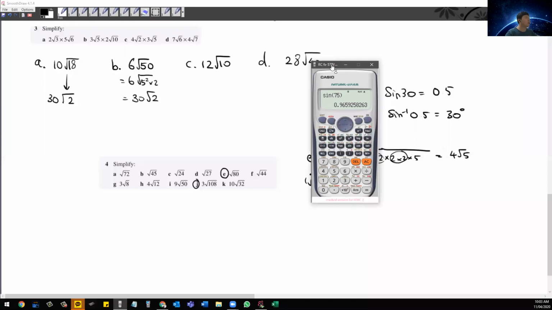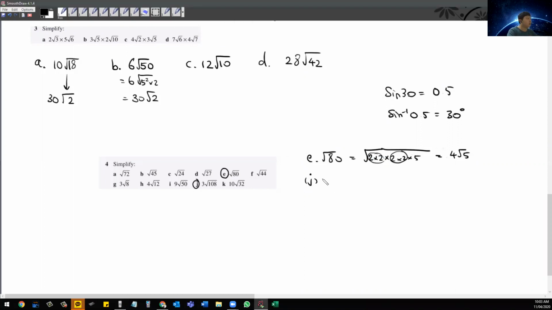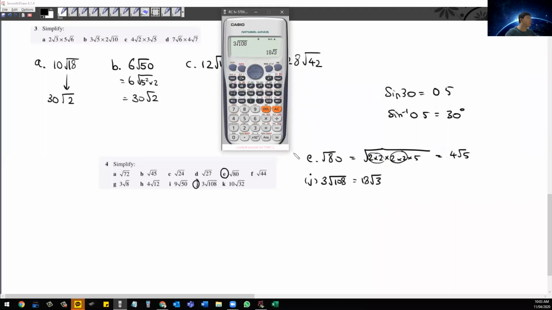If you've got one of these calculators, of course, it does everything for you. If you just type square root 3 times square root 108, it gives you 18 root 3. So who got 18 root 3? The reason for that is, if you have a calculator, with 108 you just keep dividing by prime numbers: divide by 2, 2, then you can't divide by 2 anymore, so divide by 3, 3, 3.